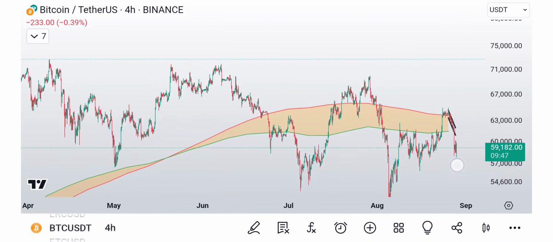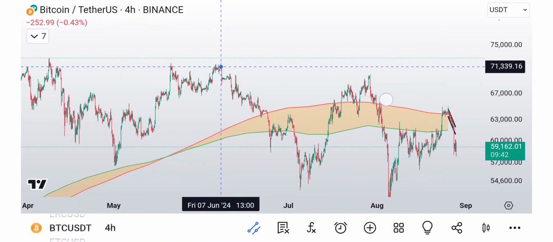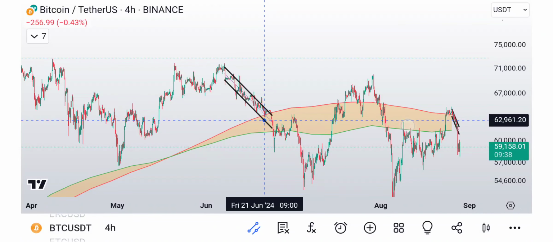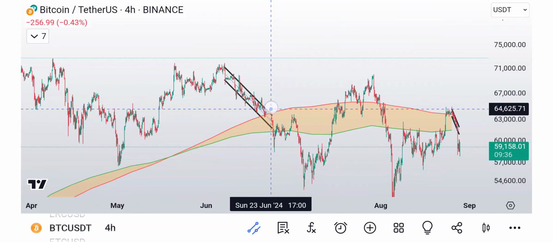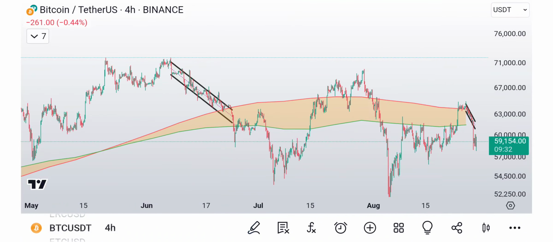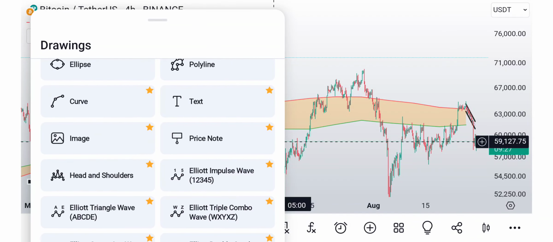You can see that bottleneck right there, and we fell to the floor, but then we came back up, and then we crashed pretty hard to the floor.